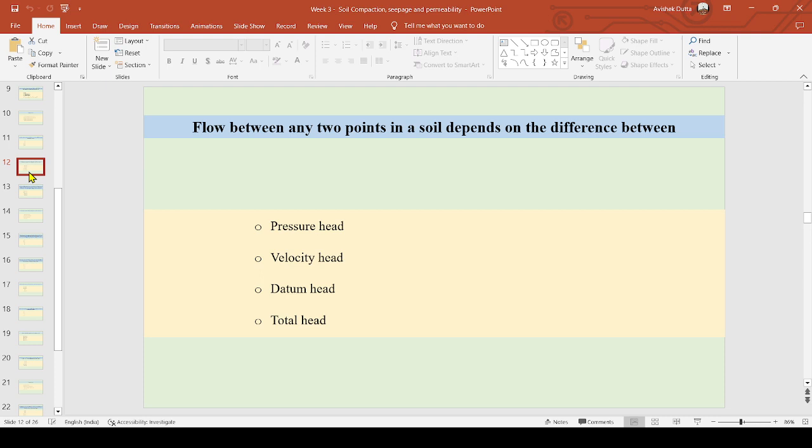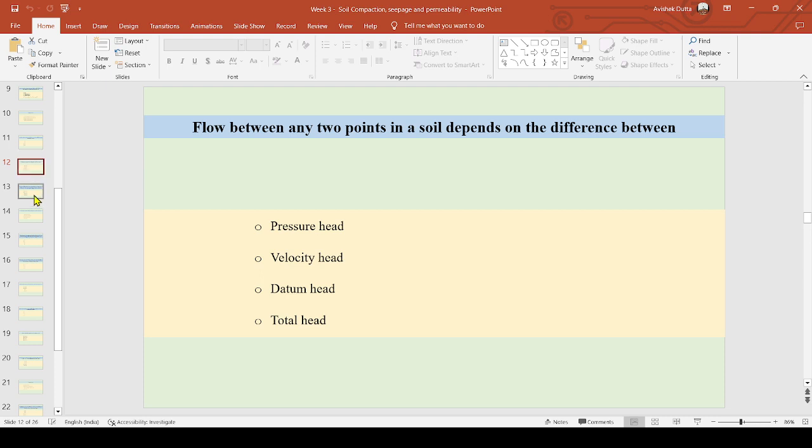You have to state the reason why flow between any two points occurs in a soil.